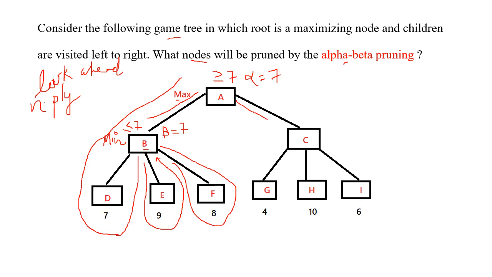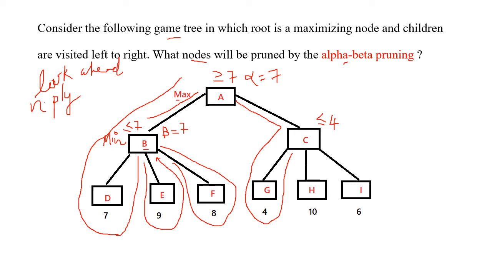To make a decision, it has to check how good this C turn is. In order to decide that, we have to traverse depth first and from here the value 4 is given back. Since C is a min player, C expects a value less than or equal to 4. Now see here, A expects a value 7 or greater than 7.